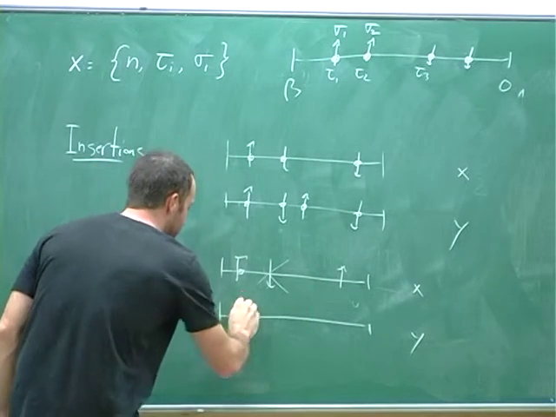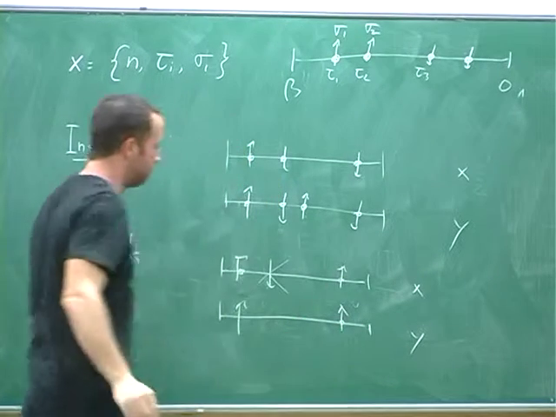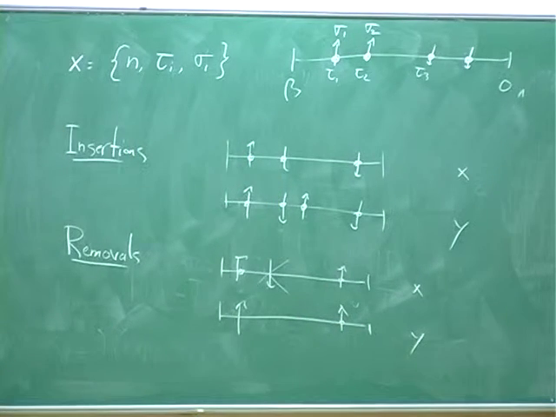I kill one, and I'm left with a configuration like this. So you see, ergodicity is trivial. If I want to go from any configuration to another, I just remove vertices until there's nothing, and I add them up again until I get what I want. So ergodicity here is trivially proven.